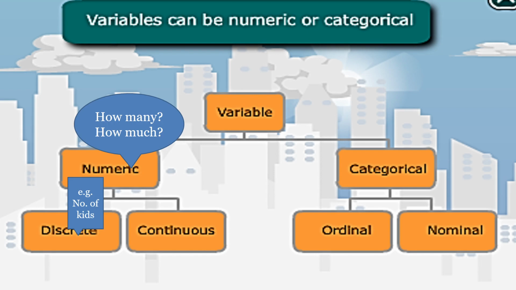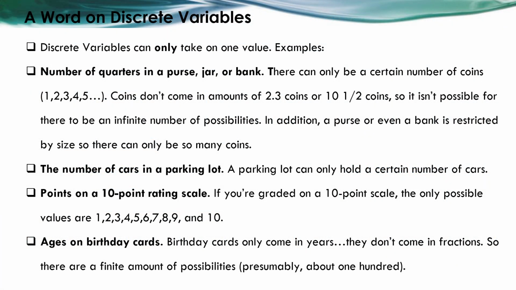Again, we talked about some of these things, like discrete variables, which can only take whole values: names, the number of quarters in a jar. You can't say I have 1.5 quarters. Now, if you're doing averages, if you have 5 jars with different types of coins, you can do averages of 2.3 and so on.